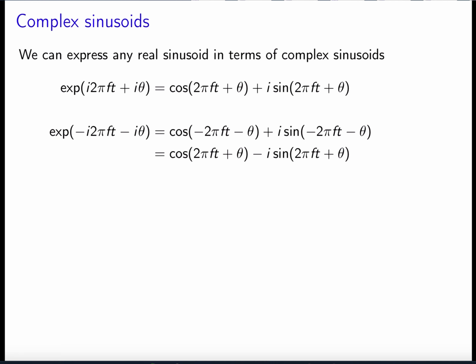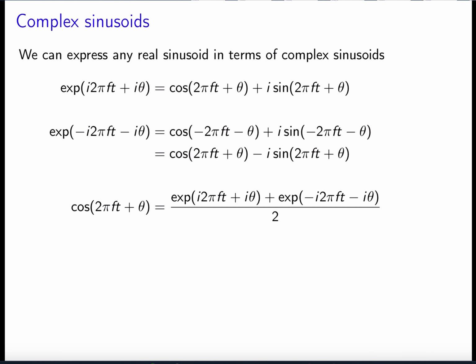Now we just sum both sides of these two equations, and we end up with the following result. We can express this cosine that has this arbitrary phase theta in terms of this average of these two complex exponentials. What have we gained, you might ask, because we still have the phase here.